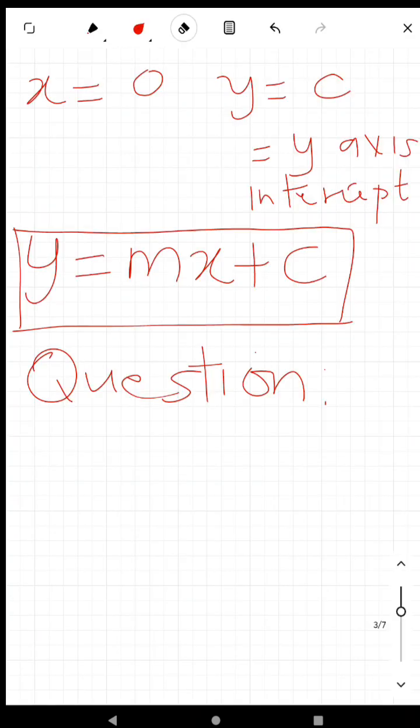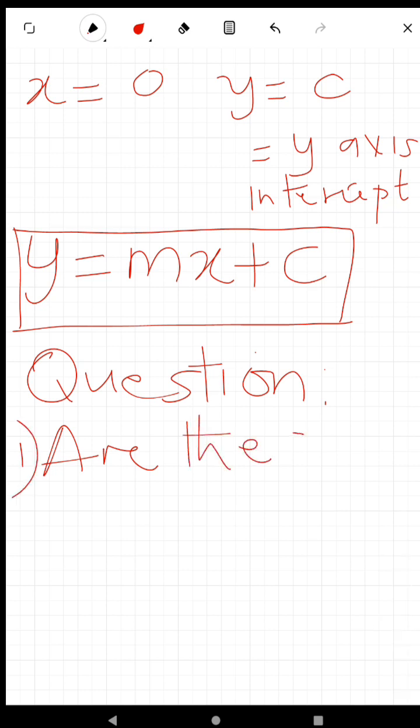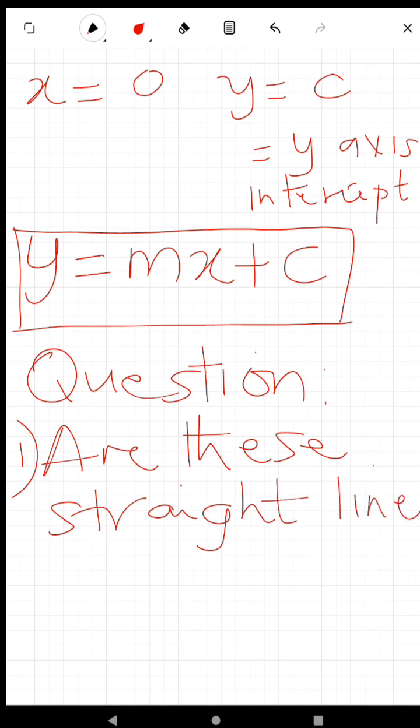The first question is number one, are these straight line equations?